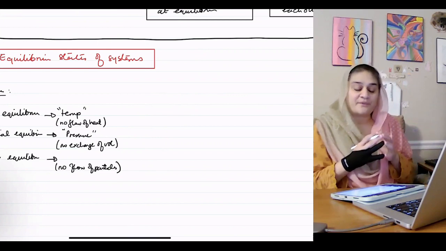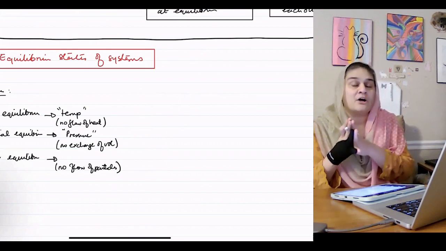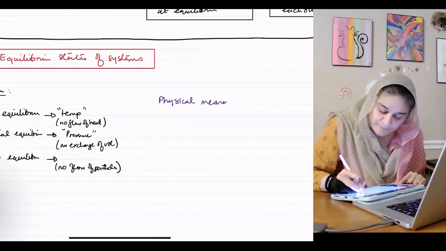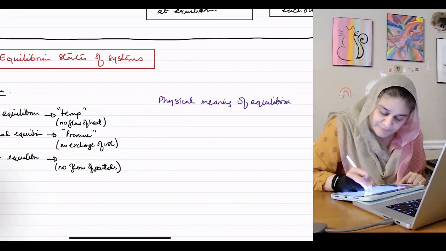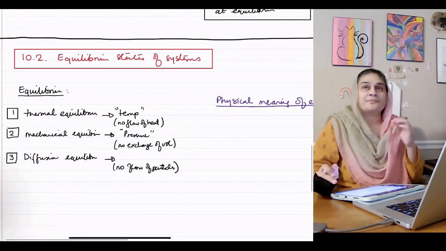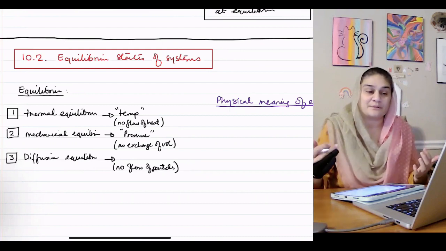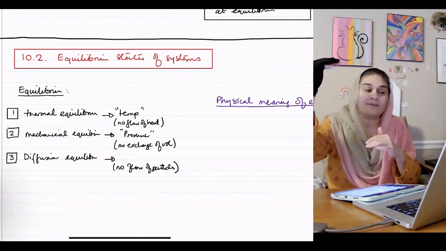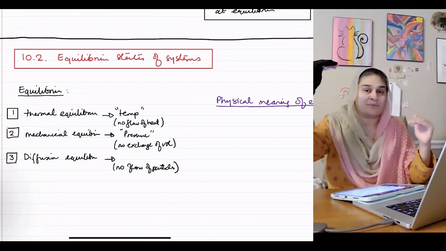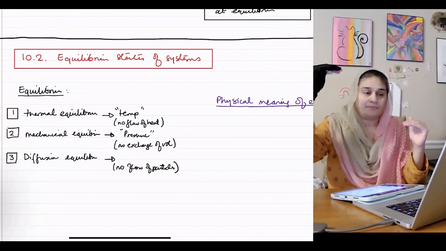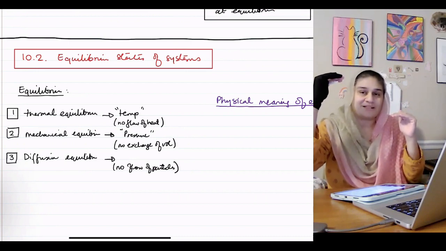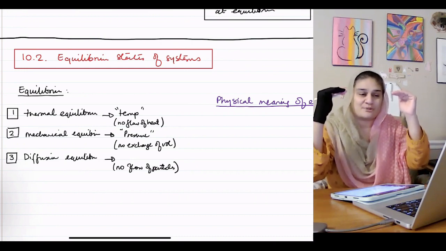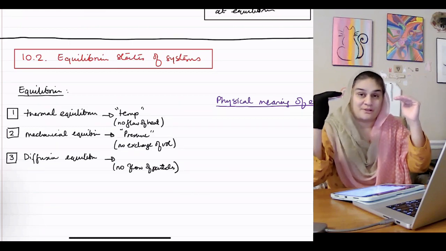Now, before we move on, I want to give you the physical meaning of equilibria. So number one, what happens when you have a thermal equilibrium? You know that the energy flows from a system of the higher value of temperature to the system at lower temperature. This energy will continuously transfer until both systems attain the same temperature, and thermal equilibrium is reached.